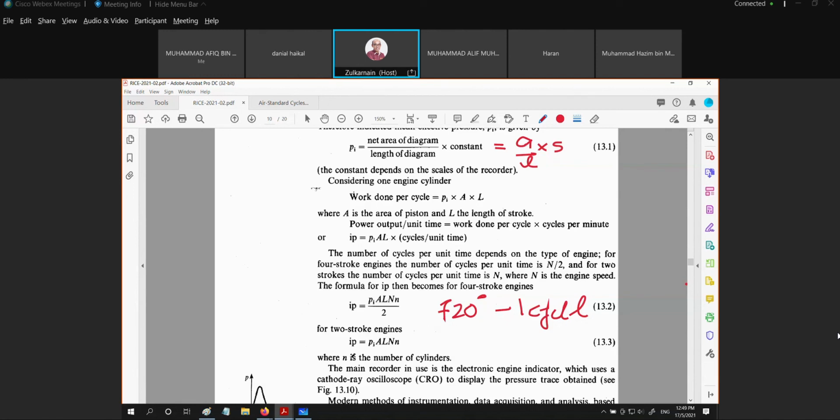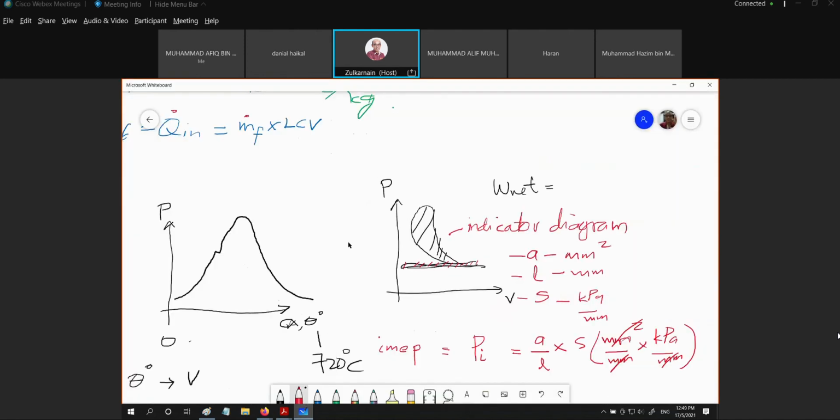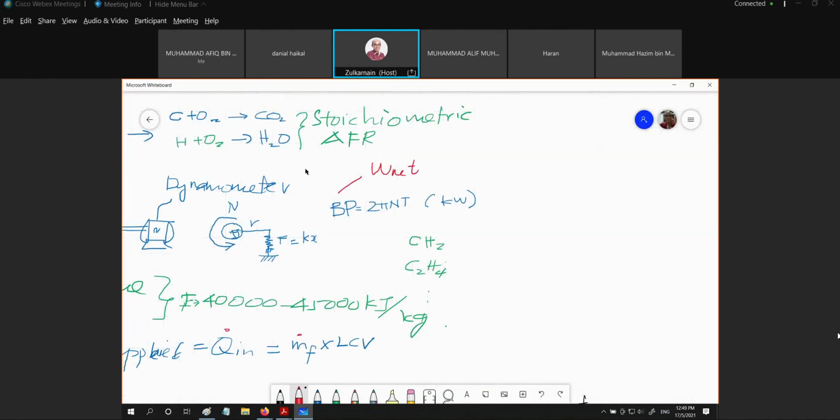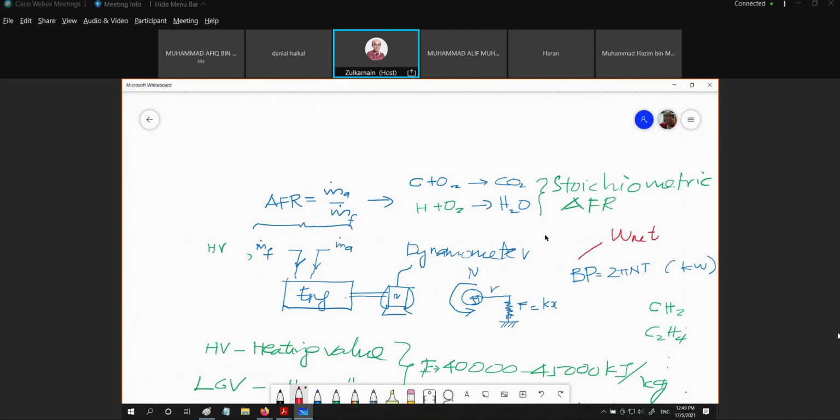So what is IP? If I look again at this diagram, what is actually IP? The IP represents the power produced by each cylinder: IP1, IP2, and let's say for 4 cylinders, IP3 and IP4.